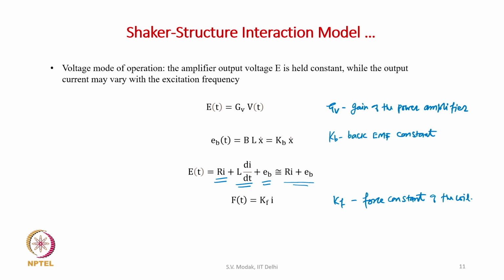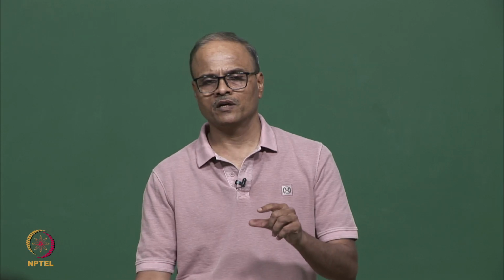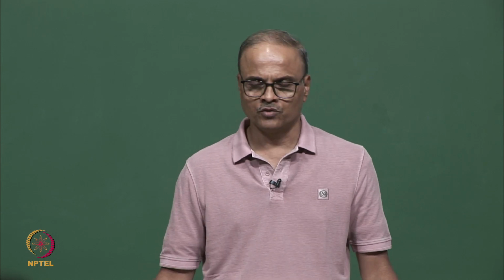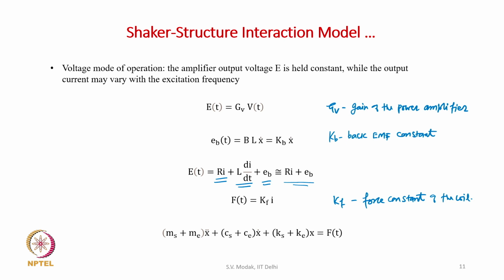And now if this is the force generated, we can write down the equation for the mechanical part of the shaker structure system. What is the effect of this force? We can use Newton's law to write that equation. Because the shaker and the structure are connected by a rigid stringer, both have the same displacement x, and therefore the force acts on the mass ms plus me and produces acceleration x double dot.